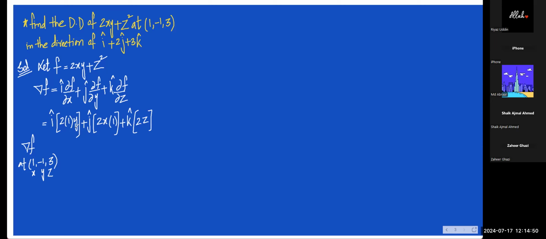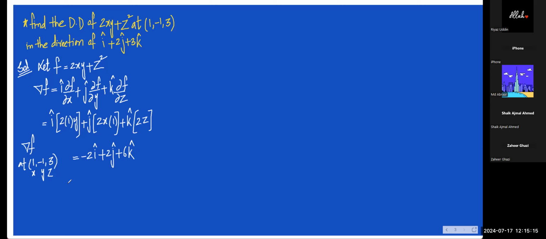If you put y value minus 1, what does this become? Is it minus 2y? Yes sir. If x is 1, it becomes only 2j. If z is 3, then 6k. This is all about del f we have done. Point also we have done.